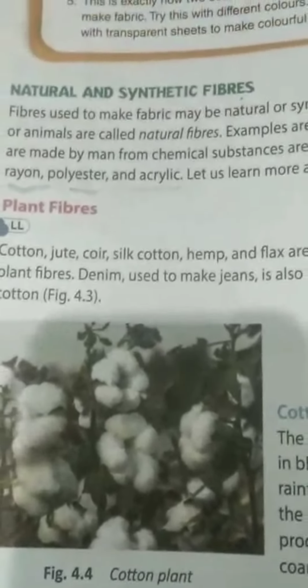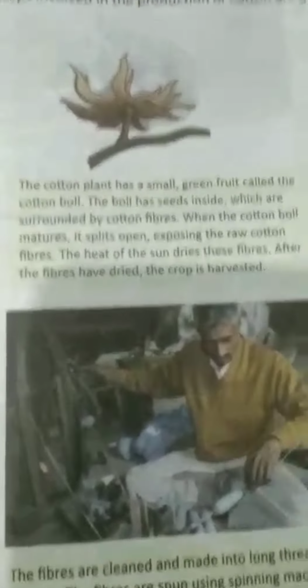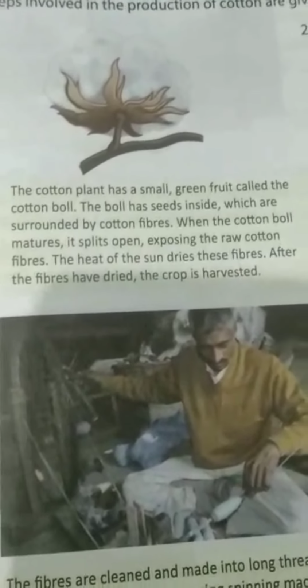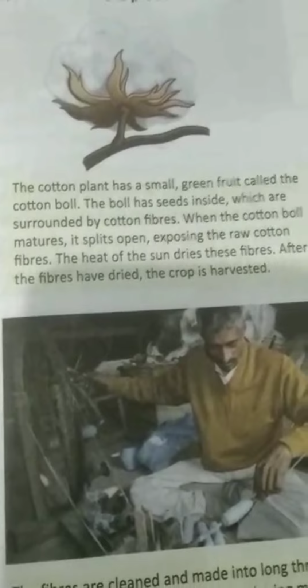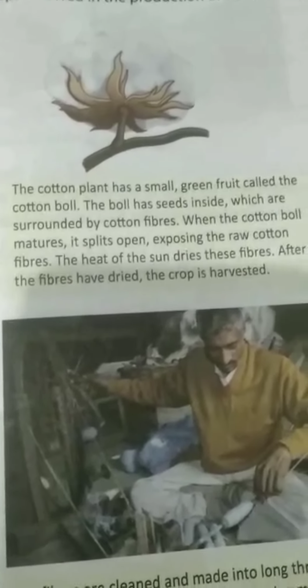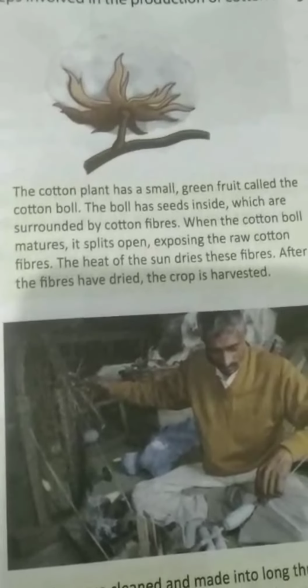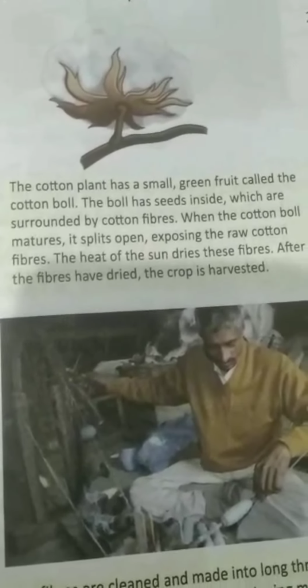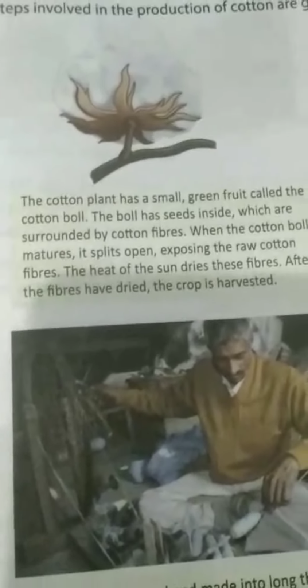Now let us see how we get cotton fibers from the cotton plant. See this picture. The cotton plant has green fruits that are called cotton bolls, and inside the cotton bolls there are seeds, and these seeds are surrounded by cotton. When the seeds mature, they burst or split, and after that they are harvested.